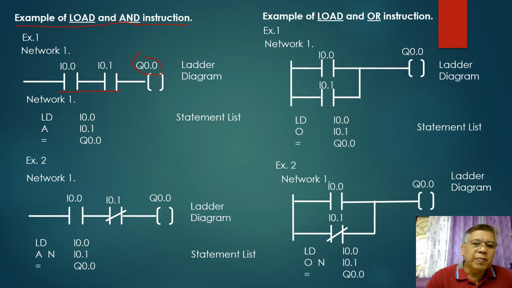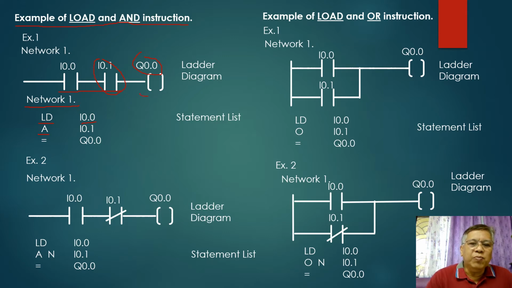So what will be the mnemonics, or statement list, equivalent of this network 1? The first step is to use the command load: load I0.0. Then since I0.1 is connected in series with I0.0, we make use of the command A, meaning AND, I0.1.